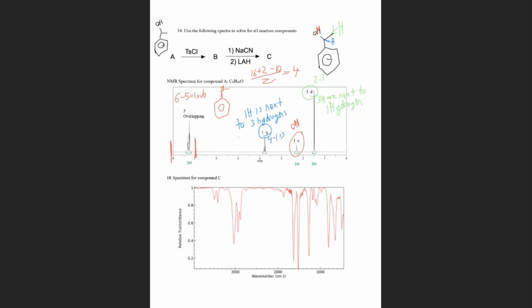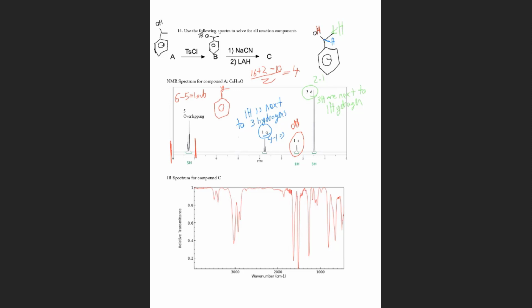If A is that, what happens when you react with tosyl chloride? Replace ROH with ROTs. Yes, technically it's ROTs with tosyl. But yes, this is going to replace OH, and you're going to make O and then Ts.